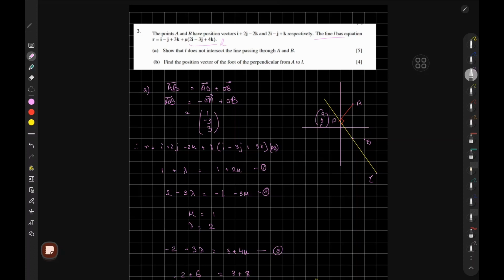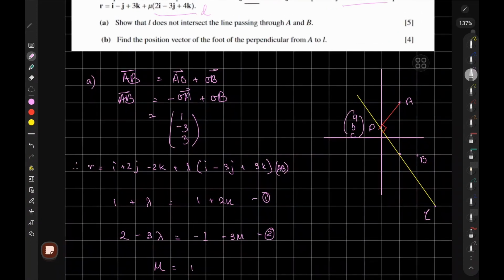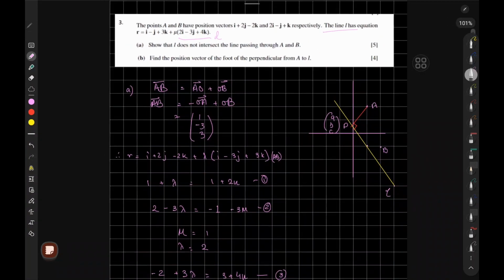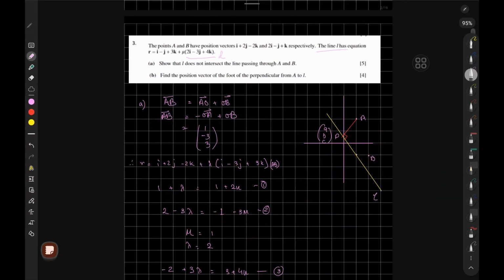Right, so coming back to this question, you have your starting point, magnitude, and your vector. So what you do over here is compare the x, y, and z coordinates of both the equations. Look at the equation that is given and the equation that you have just found.